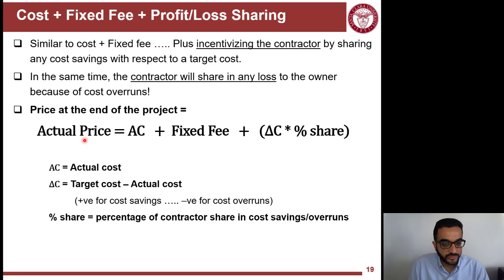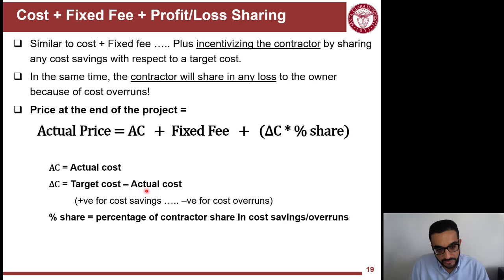The actual price, or the actual payment that the contractor will get, equals the actual cost plus the fixed fee plus delta C, which is the difference in the cost, times whatever share the contractor has of that. So delta C has to be in this order: target cost minus actual cost. Target cost is something that the owner and contractor negotiate.